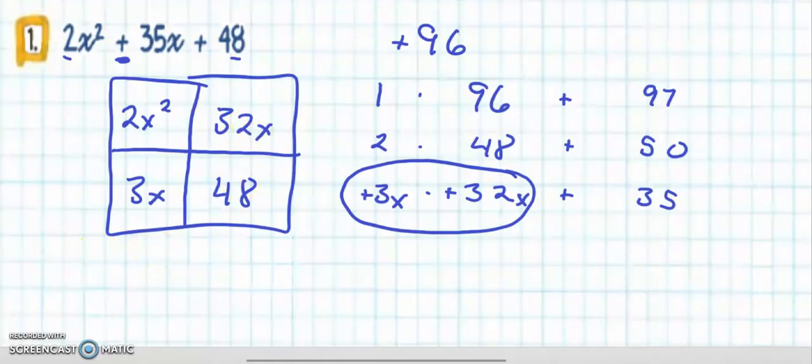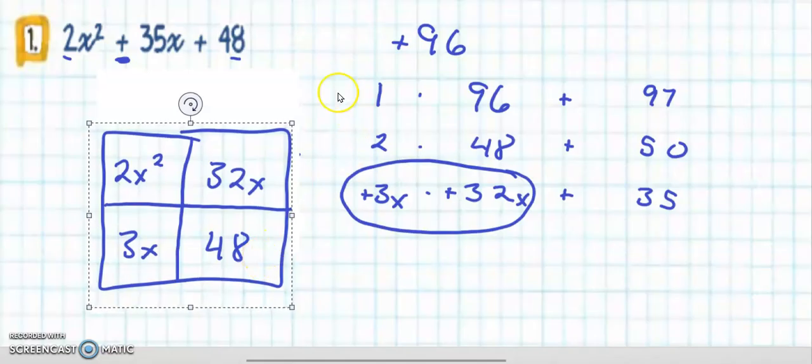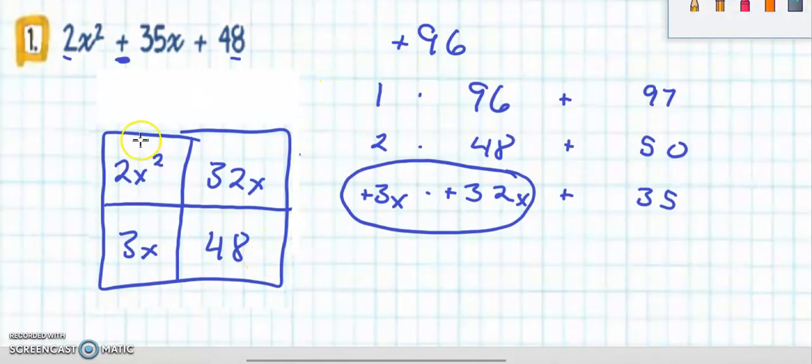All right, you know what? I need to move this down just a little bit. Okay, so now I factor out a common factor between these two terms. So 2 and 32, well, I can factor a 2 out of there, and of course I can factor an x out of there.